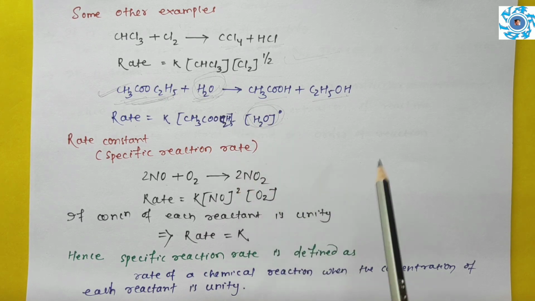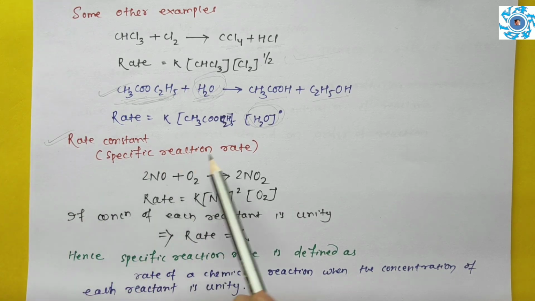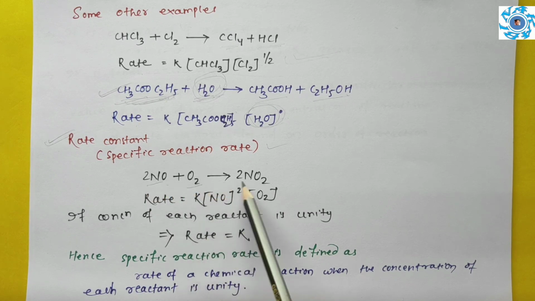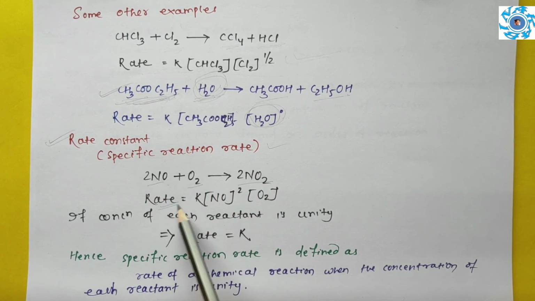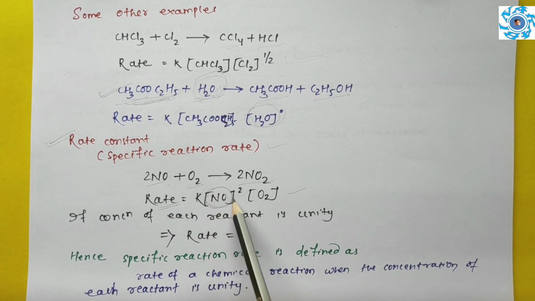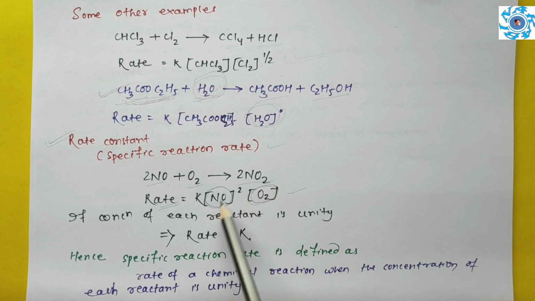Okay. Next we will see the definition of rate constant, which is also known as specific reaction rate. Let's take the previous example, 2NO plus O2 gives rise to 2NO2. The rate expression, as discussed earlier, is k into concentration of NO to the power 2 into concentration of O2. If we make the concentration of NO equal to 1 and the concentration of oxygen equal to 1, then 1 squared is equal to 1, and this is also 1.